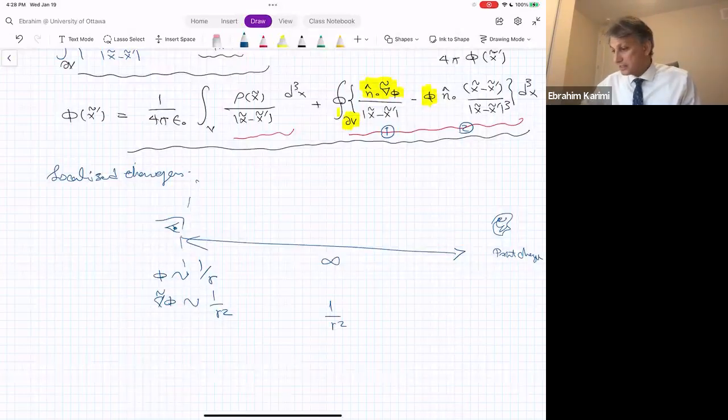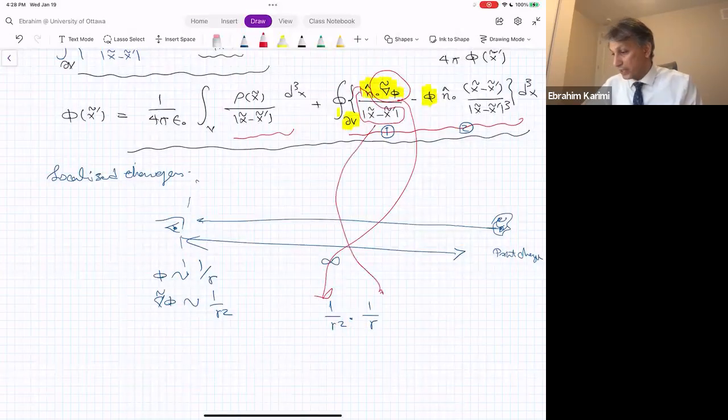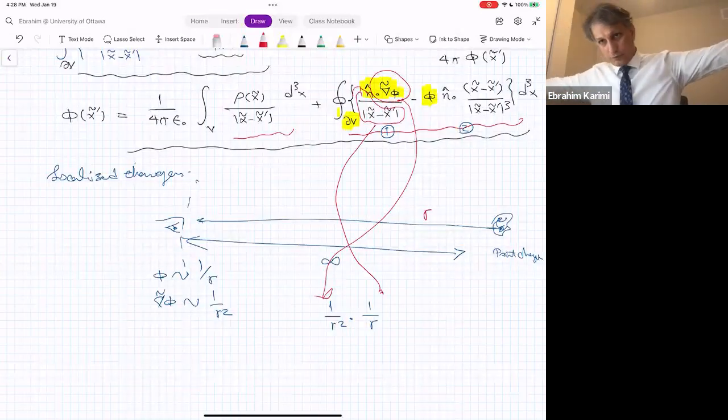And the distance 1 divided by x minus x prime, which is the distance from the charge distribution to the point of observation, also will go to be 1 divided by r. Good? So the first term, the gradient will go with 1 divided by r squared, and 1 divided by x minus x prime goes to be 1 divided by r, and r is the distance between the charge distribution and the point of observation.